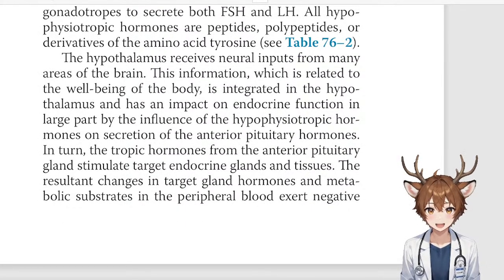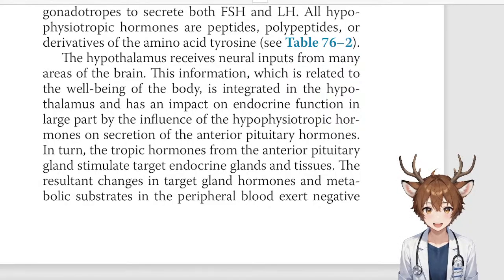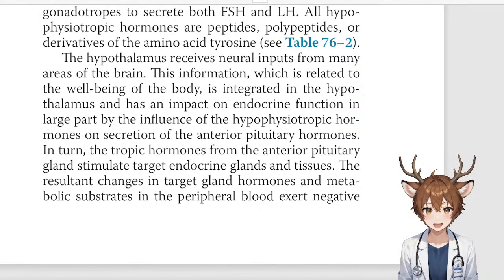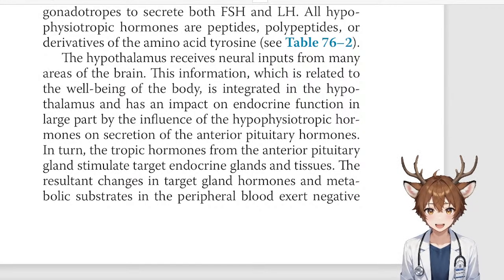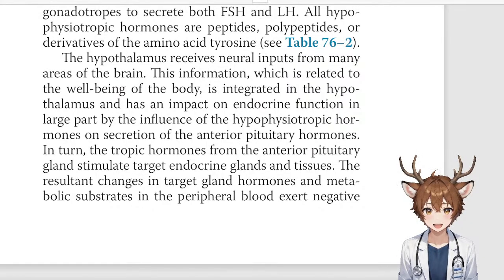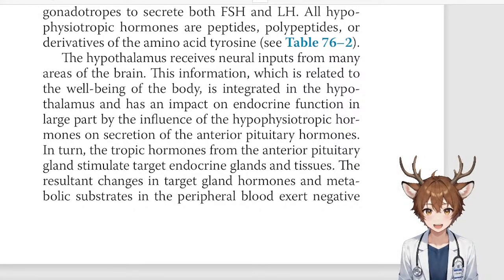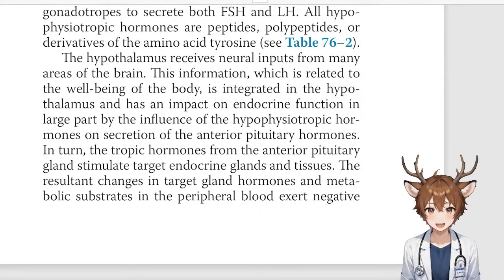The hypothalamus receives neural inputs from many areas of the brain. This information, which is related to the well-being of the body, is integrated into the hypothalamus and has an impact on endocrine function in large part by the influence of the hypophysiotropic hormones on secretion of the anterior pituitary hormones. In turn, the tropic hormones from the anterior pituitary gland stimulate target endocrine glands and tissues.